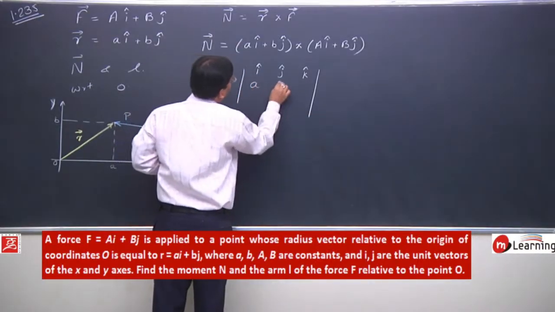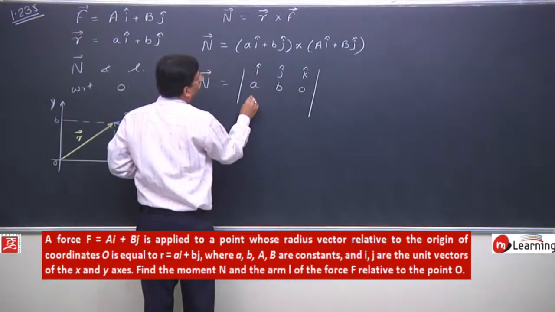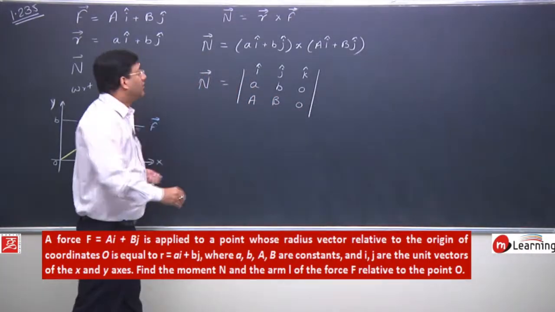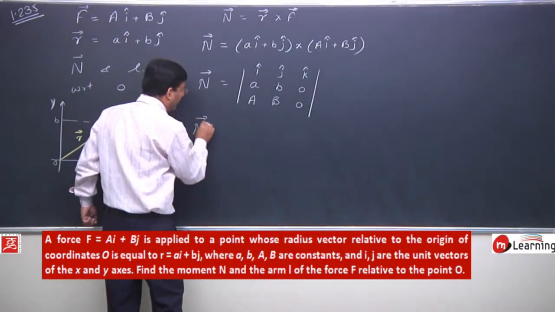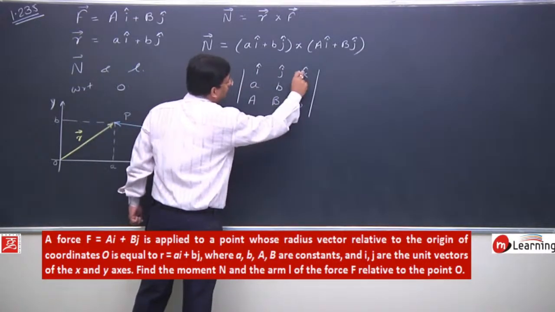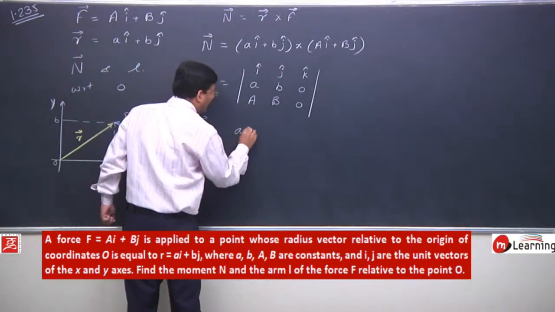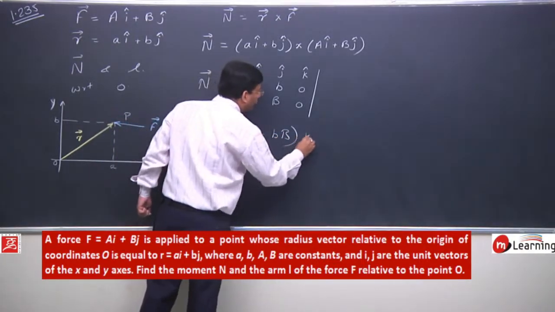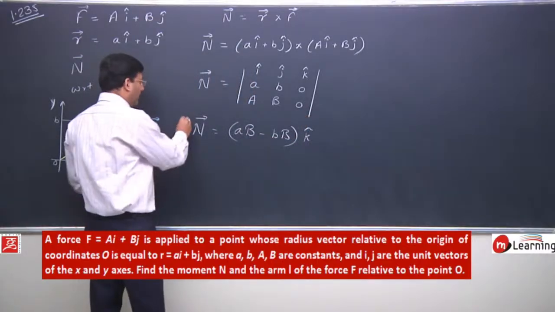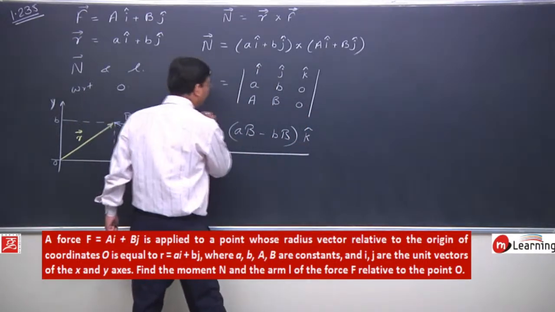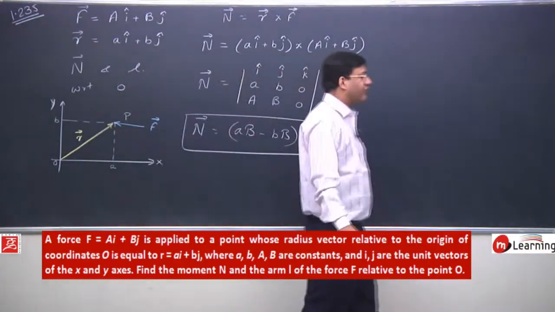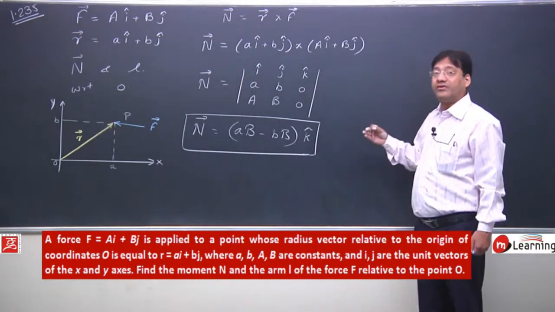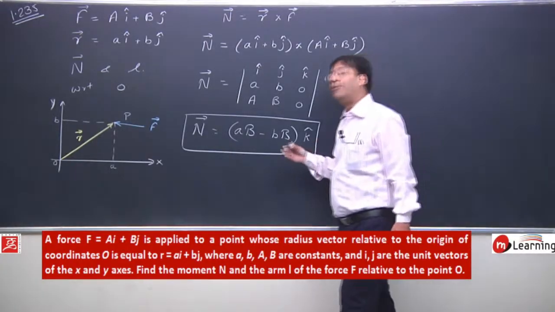R के लिए A, B 0 और फोर्स के लिए A, B 0. So, vector N would be this 0, 0, AB minus BA into K cap. This is the answer to the first part. This is moment of force or torque about origin.